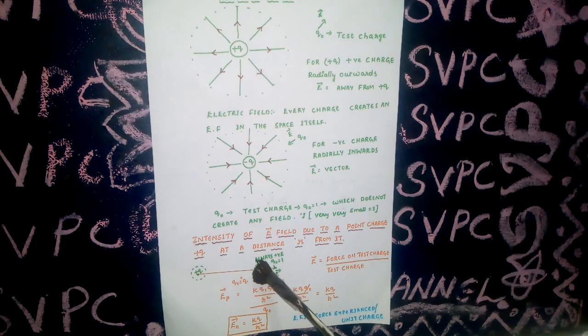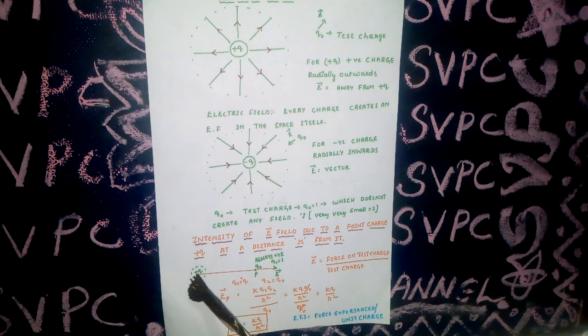Q naught is always positive, a very, very small value, plus 1, and I have situated this Q naught at a place P.